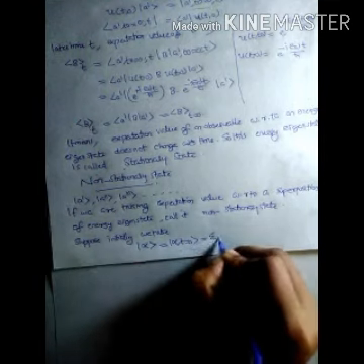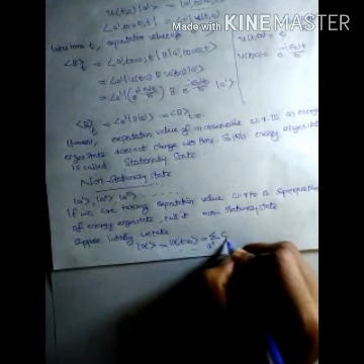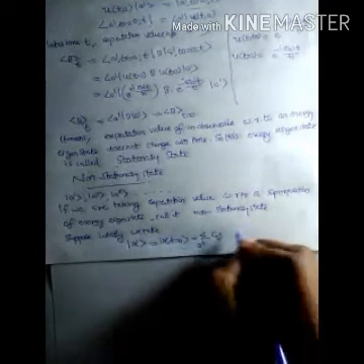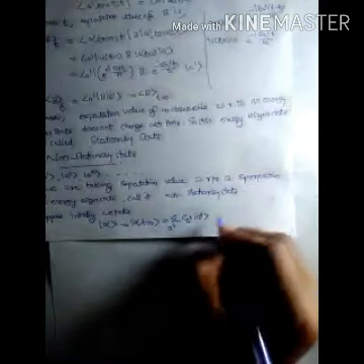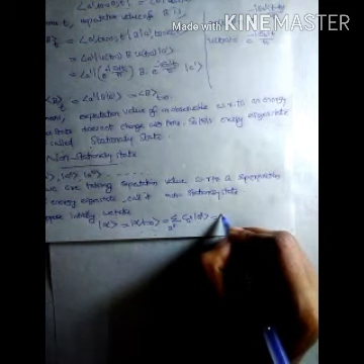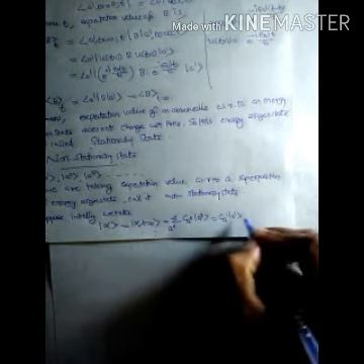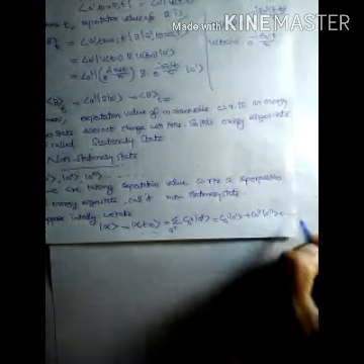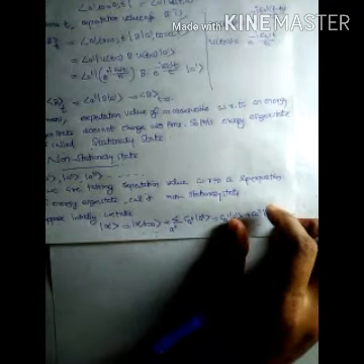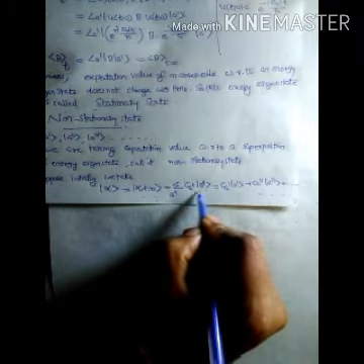So it gives the summation over a'' of c_a'' |a''>. This is nothing but c_a' |a'> plus c_a'' |a''> plus etc. This is the expansion coefficient, and this is the base ket.